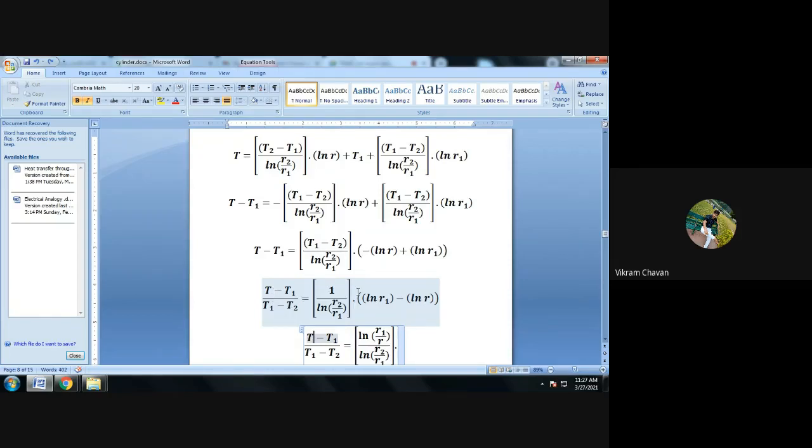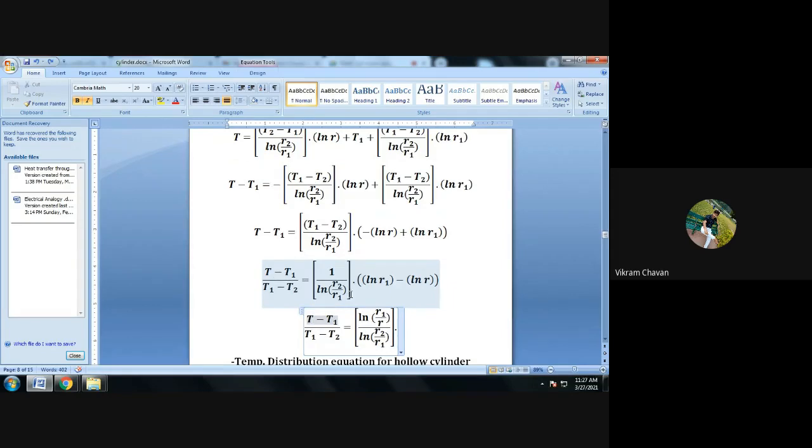We applied the logarithmic rule for ln of R1 minus ln of R, so that we get the temperature distribution equation for a hollow cylinder: (T minus T1) divided by (T1 minus T2) is equal to ln of (R1 divided by R) divided by ln of (R2 divided by R1).